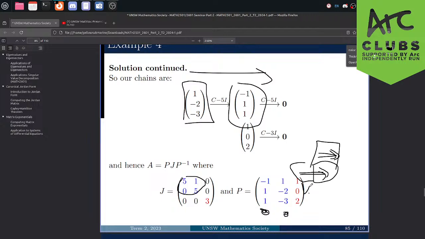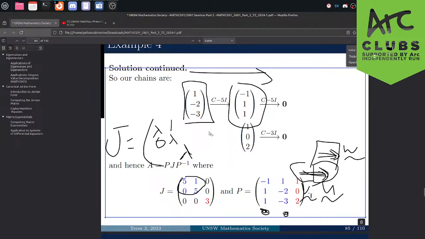Let's say V, U is your Jordan chain and this is W, for eigenvalue 5. For your matrix J, you write one Jordan block, let's say for eigenvalue lambda, which is this, for a Jordan chain of length 2, and then you write a second Jordan block for a chain of length 1.